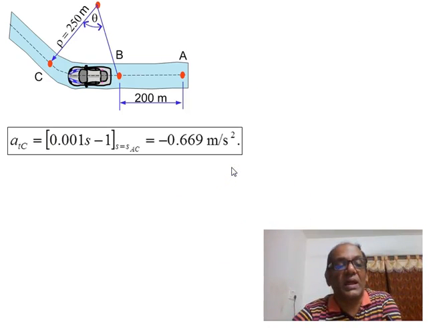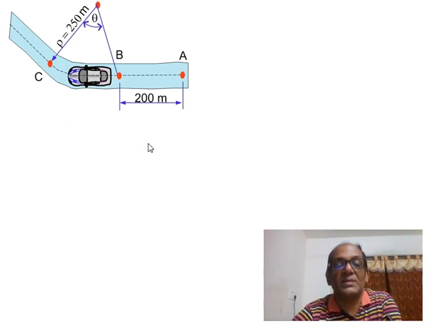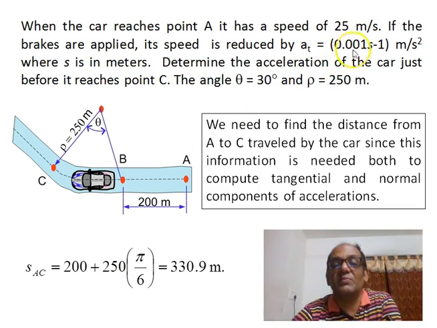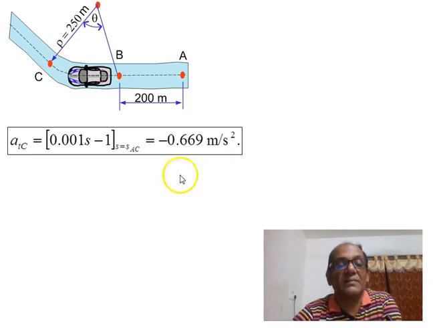So the first step we write is, what is the tangential acceleration? Tangential acceleration is given to be 0.001 multiplied by distance at that point minus 1. So by the time it reaches point C, the total distance traveled is S_AC. So we write 0.001 multiplied by S_AC minus 1.